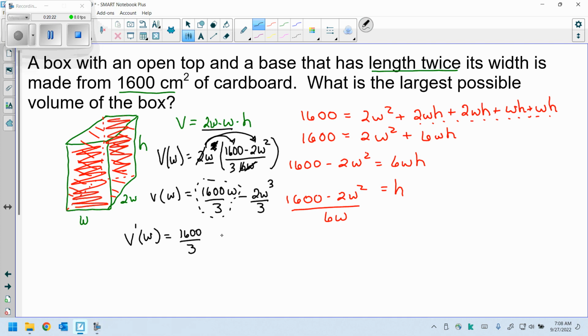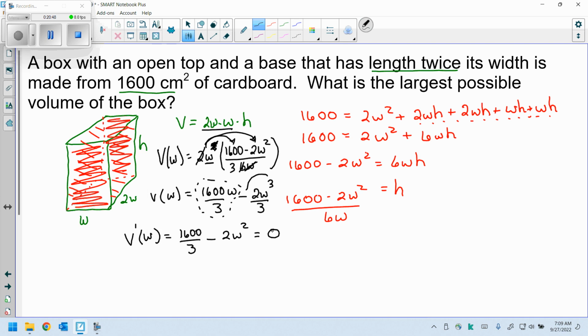Let's bring that 3 around front. And I think we're going to get 2W squared. And we'd like to find the value of W that makes that 0, that critical value. And I think we might find 2 of them. But one's going to be positive and one's going to be negative, and the negative one can't possibly be.